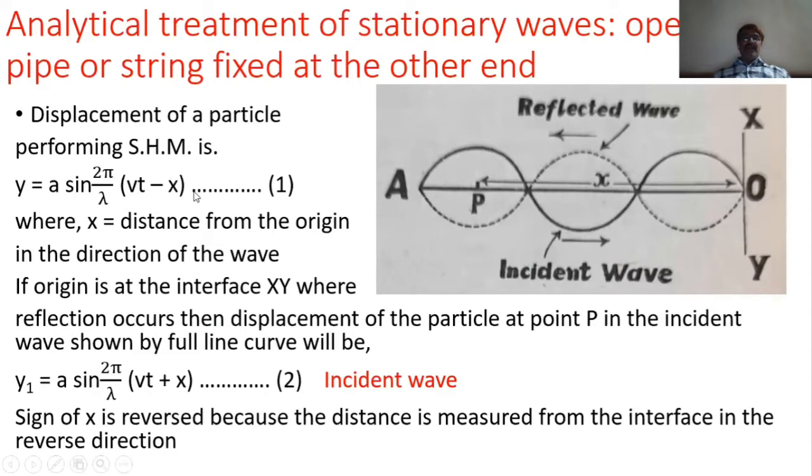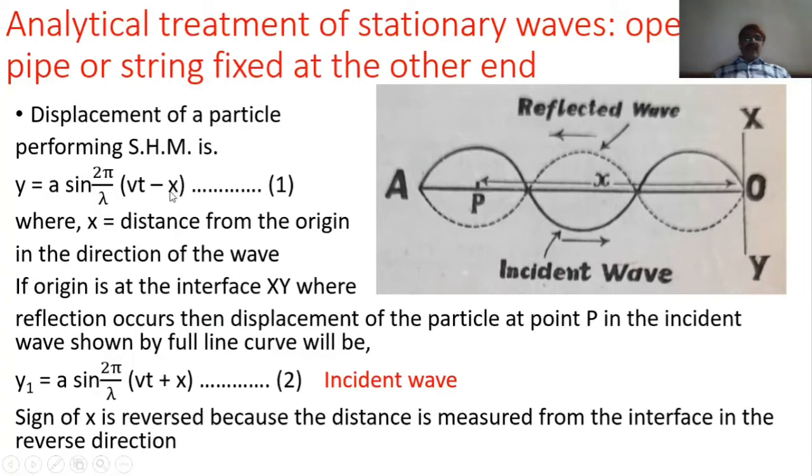Important to note that in this case, the wave is propagating along the x direction while the particle of the medium is vibrating perpendicular to the direction of propagation, that means along the y-axis. So displacement is represented as y, and the distance measured in the direction of propagation or opposite to the direction of propagation is measured along the x-axis.